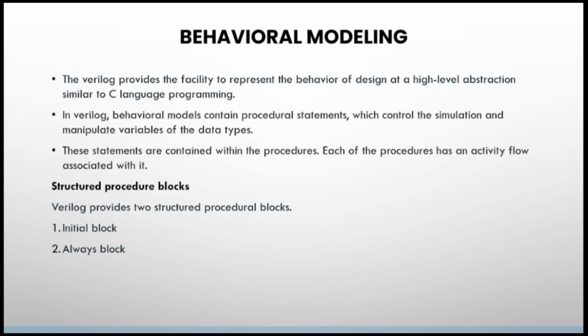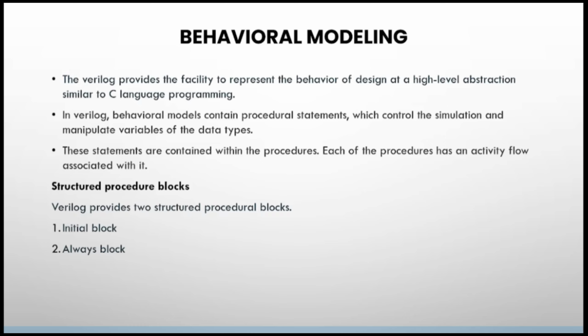So coming to behavioral modeling. We have already seen how we can write the code in gate level and data flow. When it comes to gate level, we use logic gates like AND and OR gates, which are already built into Verilog and are called gate primitives. By using those gate primitives, we write our code in gate level modeling.